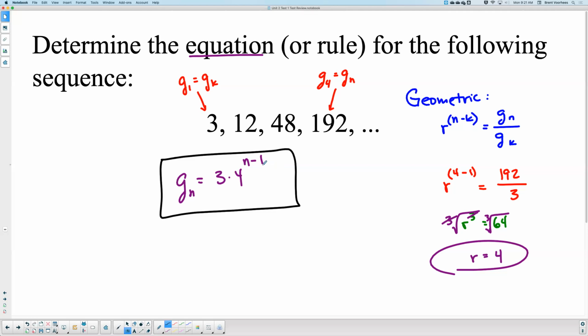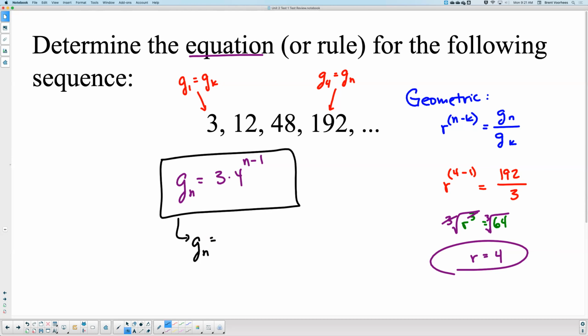What can we do if we have a power that's subtracting? An exponent subtracting is the same thing as the base dividing. Very good.